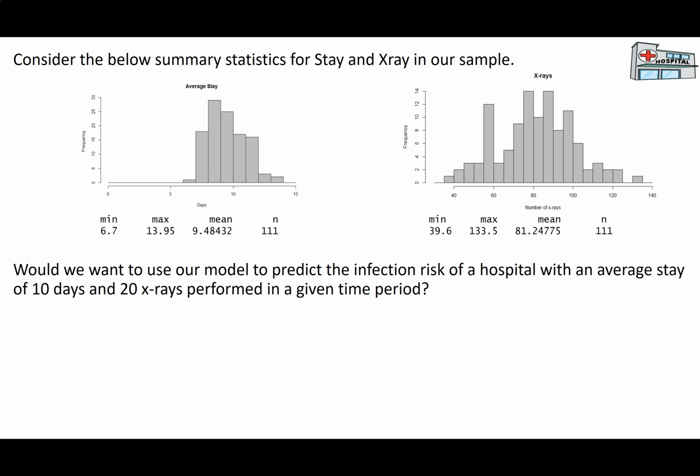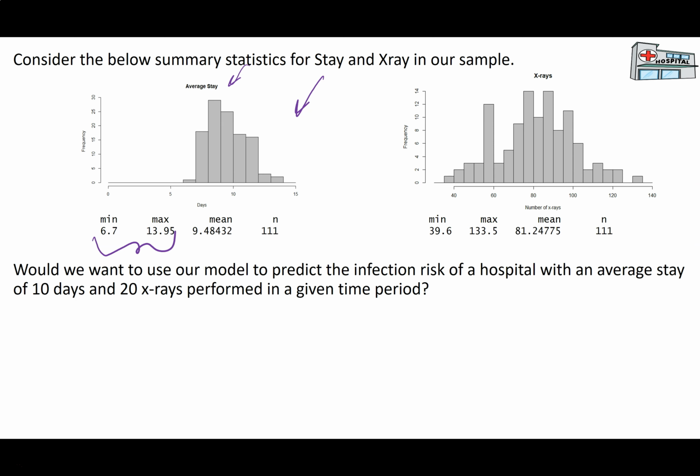Okay, so I believe this was one more fun one. Here, these are just summary statistics for stay and x-ray in our sample. So there's 111 in our sample. I went ahead and made a histogram of the average stays. So it looks like I had average stays from anywhere from 6.7 to 13.95.